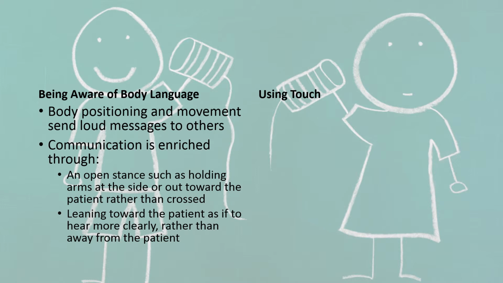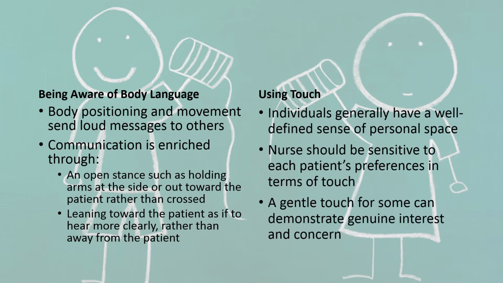Communication is enriched through an open stance, such as holding arms at the side or out towards the patient rather than crossed in front of you, or leaning toward the patient as if to hear more clearly rather than away from the patient. When talking about using touch, individuals generally have a well-defined sense of personal space. The nurse should be sensitive to each patient's preference in terms of touch. A gentle touch for some can demonstrate genuine interest and concern.